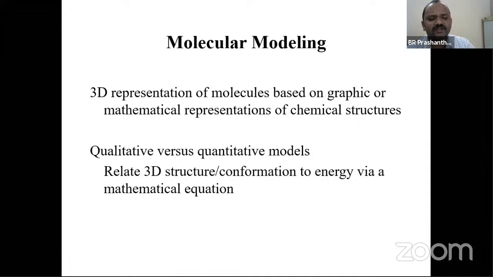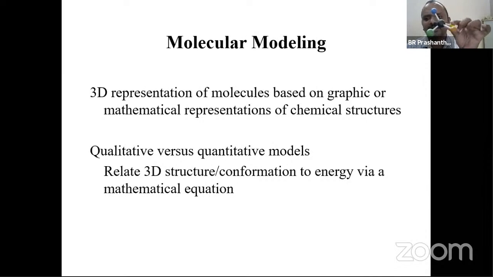What is modeling? It is simple. For example, in your B Pharm chemistry labs, if you are teaching B Pharm or M Pharm graduate students, because these tiny ligand chemicals we cannot see with our naked eyes, we try to build stereo models like this and try to understand how these molecules exist in nature.